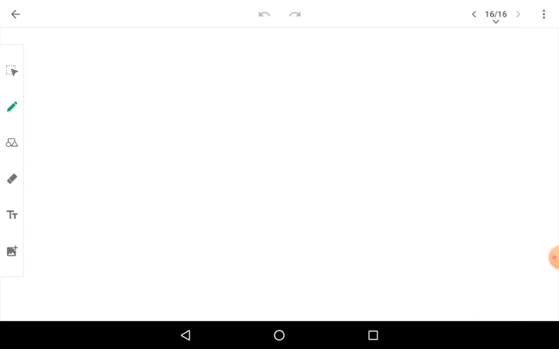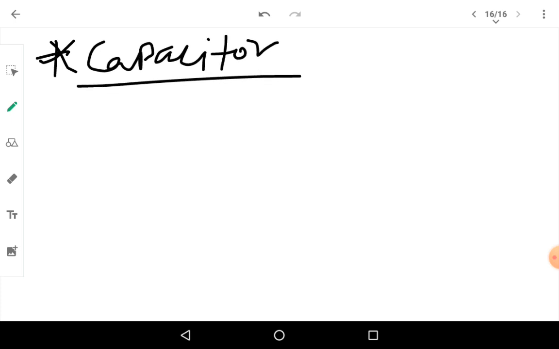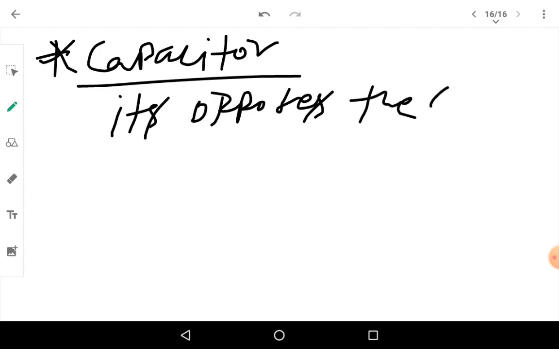Next, capacitor. The property of capacitor, it opposes the change of voltage.